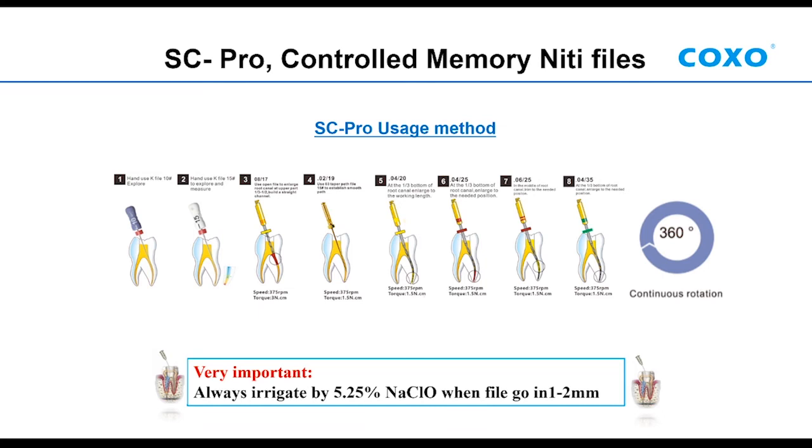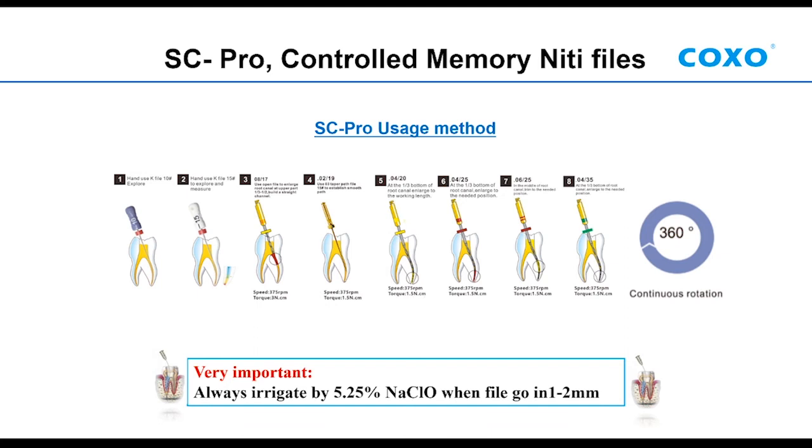Then we continue to use 0420 from smaller to bigger, and then 0425. Sometimes you can finish at 0425, that is enough. But if your root canal is very difficult and very curved, you can continue until 0625.